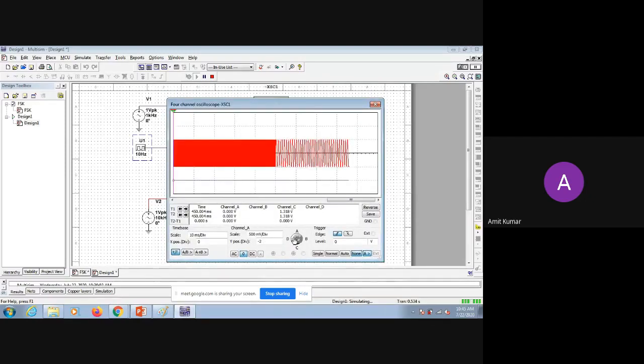Okay, I will connect to DC. Now you can see the waveform.